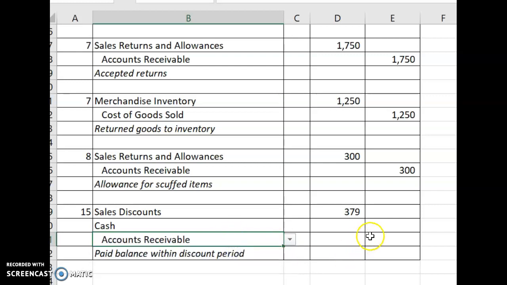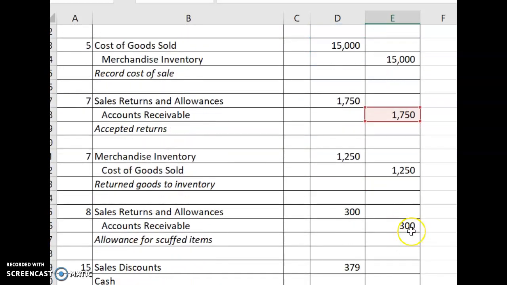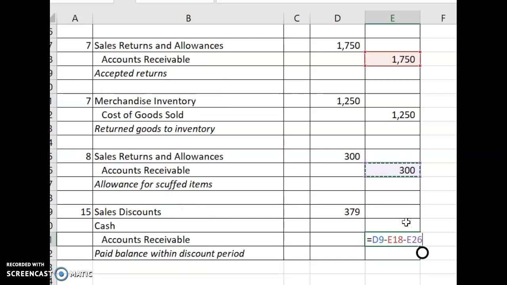So let's get that accounts receivable credit. I know that again, I can just come up here and grab my information. It's the 21,000 minus the 1750 minus the 300, 18,950.